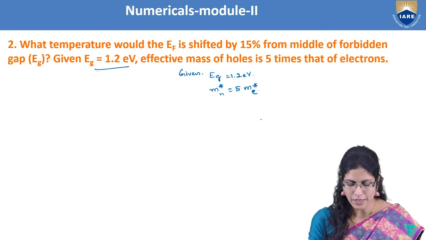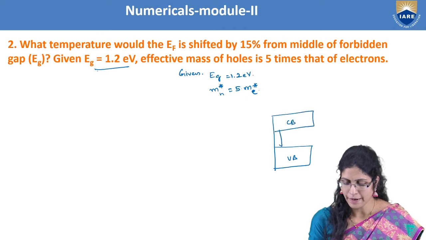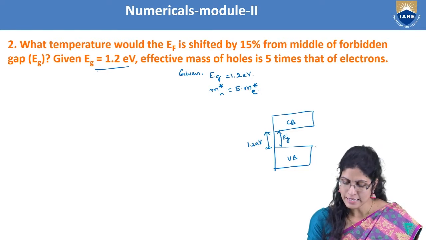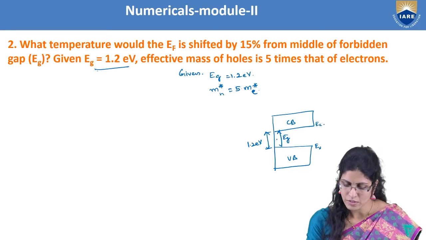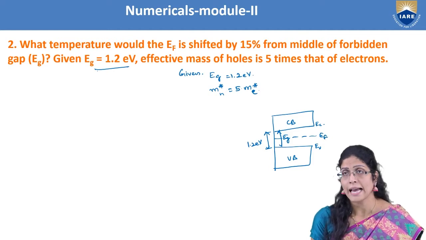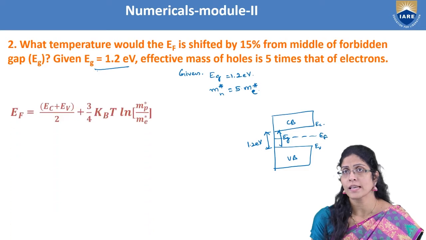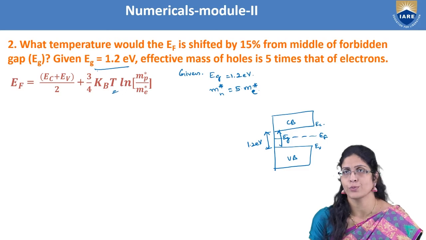So, as of now, let us try to understand this in terms of the diagram. Okay. So, there is a valence band and here is the conduction band which is separated by an energy gap, and this energy gap is given as 1.2 electron volt and this is EV. Let us write this as EC. So EF, which is in the center, can be written as EC plus EV by 2 at 0 Kelvin. How can you say that? Through this formula. At T is equal to 0 Kelvin, EF is equal to EC plus EV by 2, right?